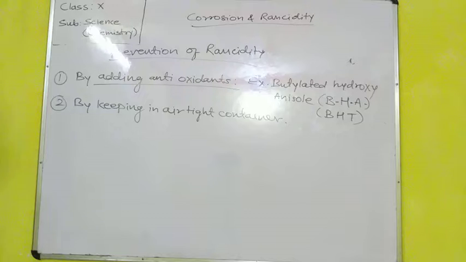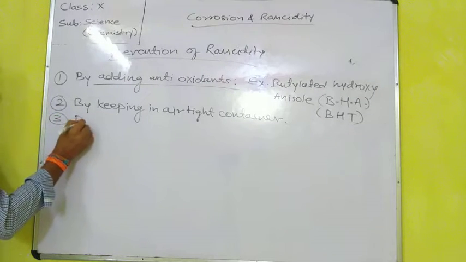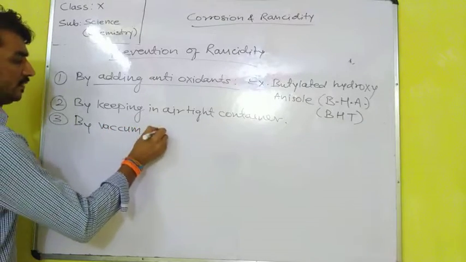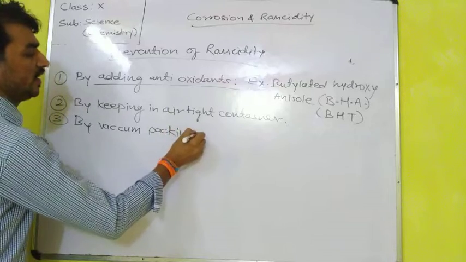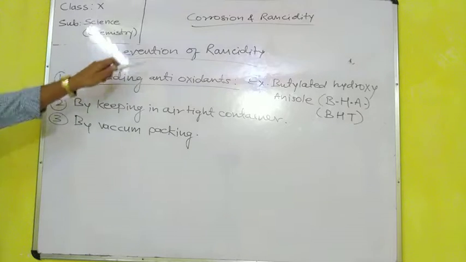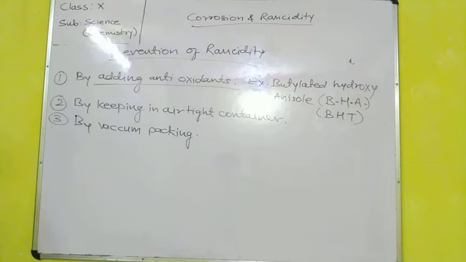Third, by vacuum packing. If an inert environment is present inside the container, it becomes unable to oxidize. By vacuum packing, a vacuum environment is created and nitrogen gas is filled here also.